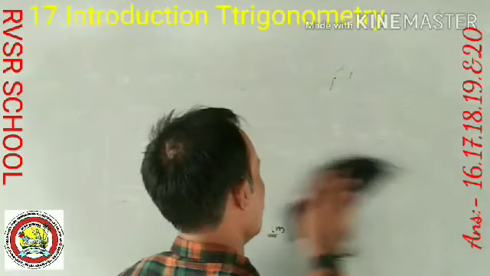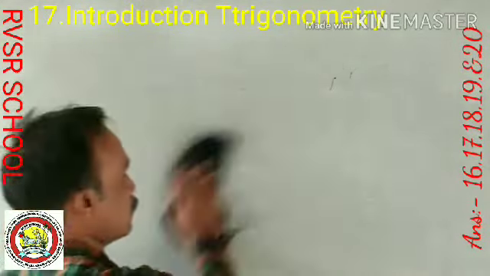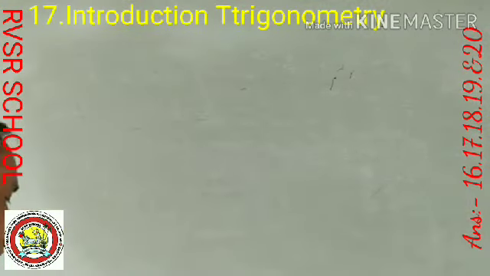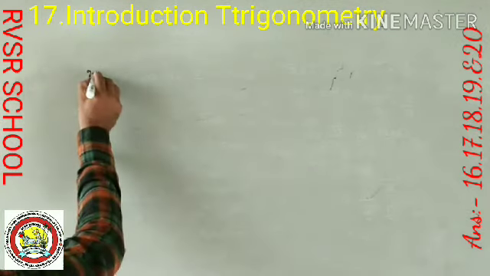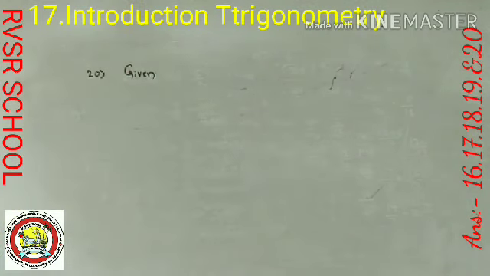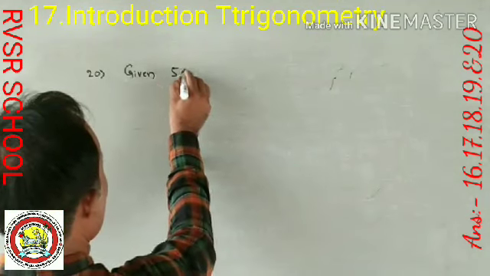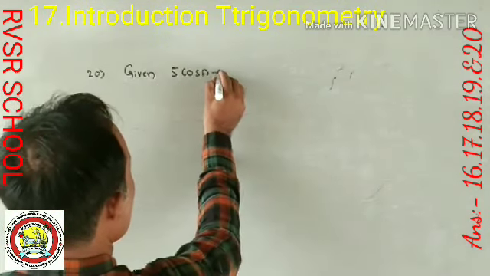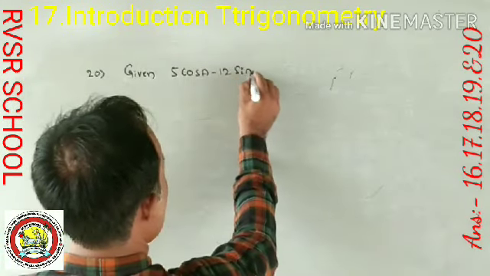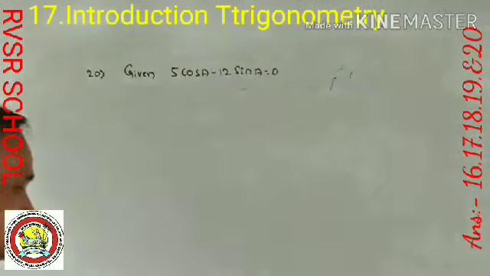Let's see today's last question, question number 20. Note down the question. Given 5 cos A minus 12 sin A is equal to 0.